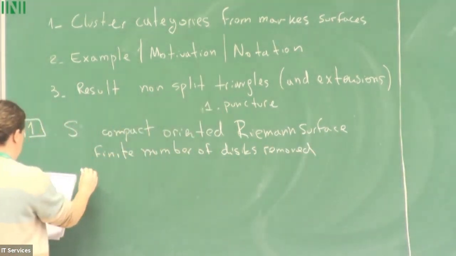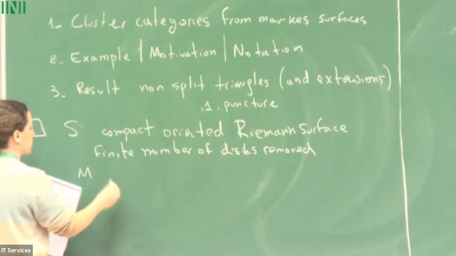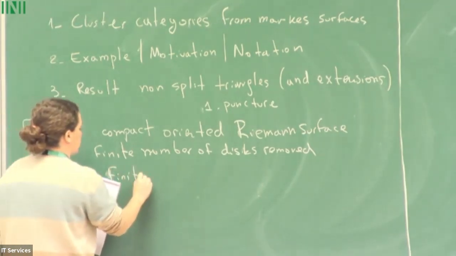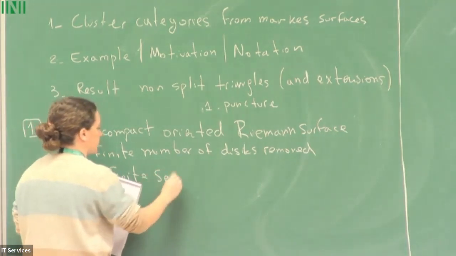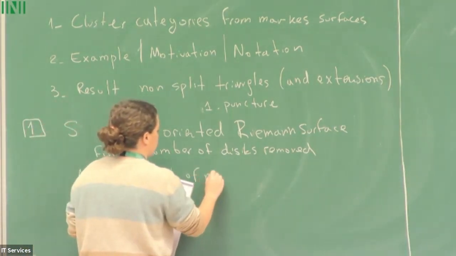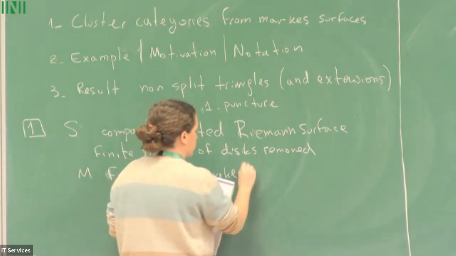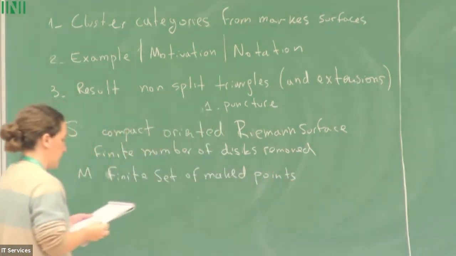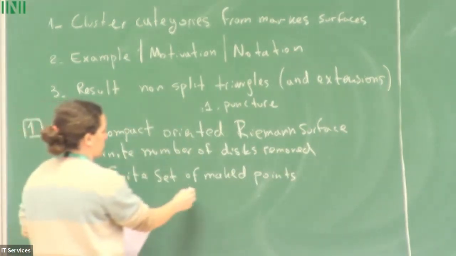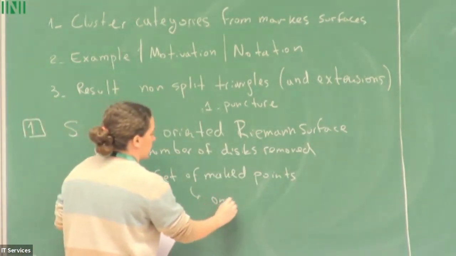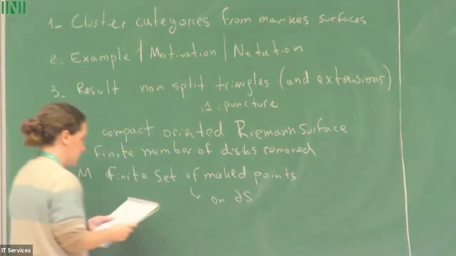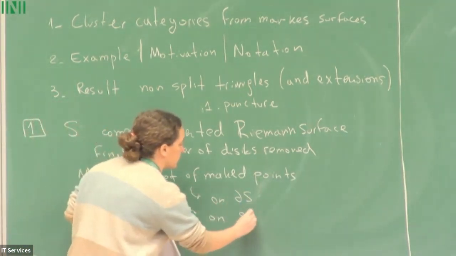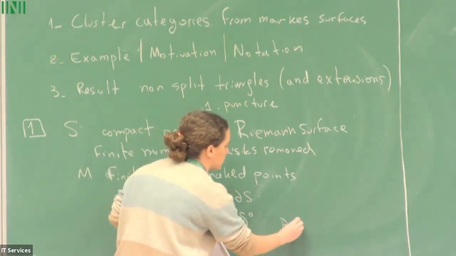And M is a set of marked points. So some of them might be on the boundary, and some of them might be in the interior of S, and that's what we call punctures.